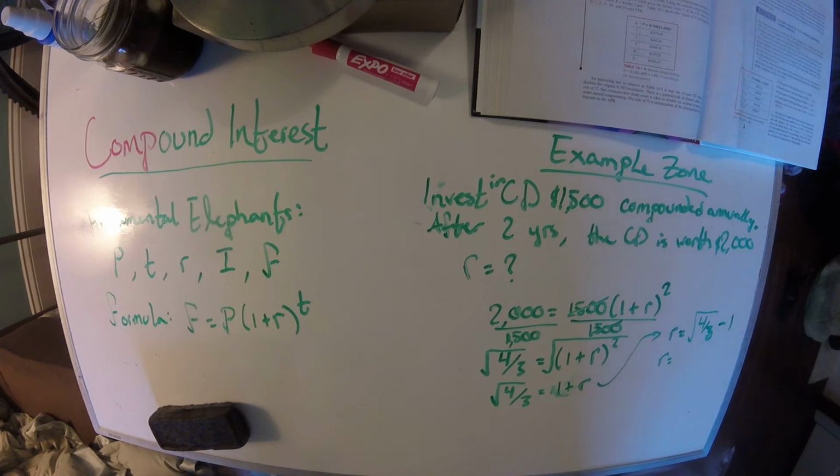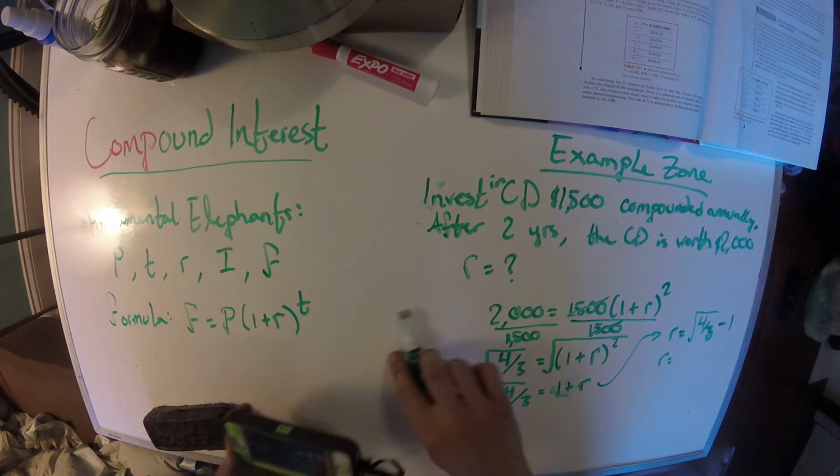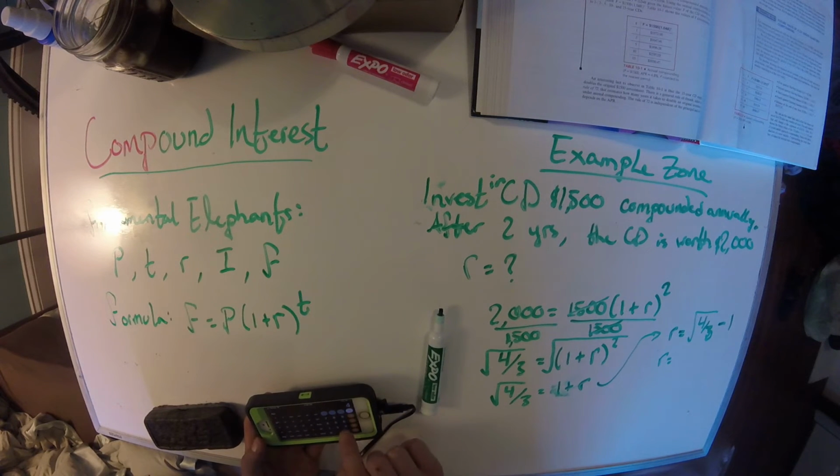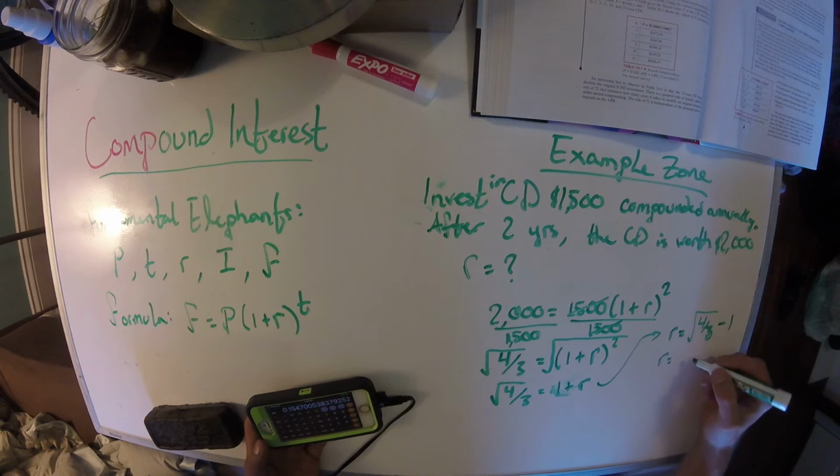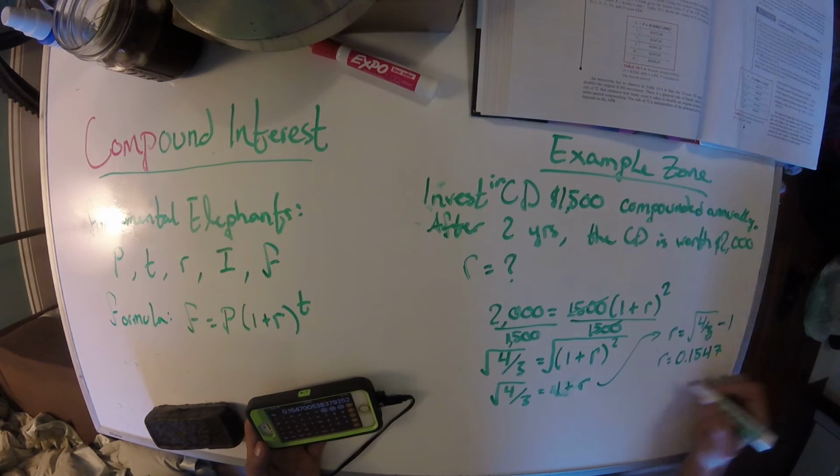So I can pull out my calculator and check out exactly what that is. So we've got 4 divided by 3 is that, and then square root of that is 1.15, and then subtract 1 from that, and we get that our rate must have been 0.1547, or 15.47%.